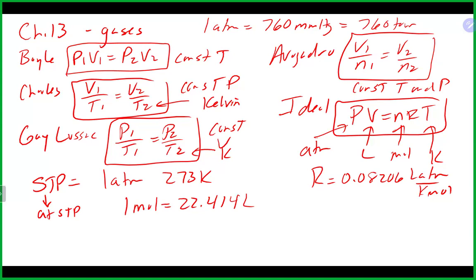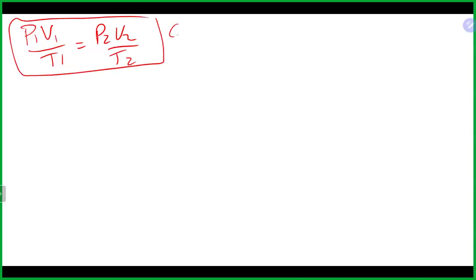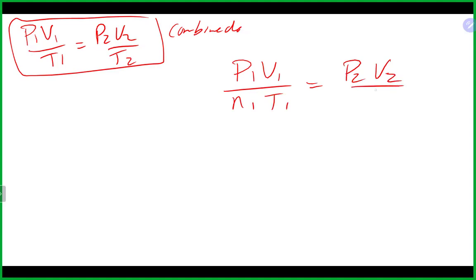And then really we had the combined gas law, which is P1 V1 over T1 is equal to P2 V2 over T2. And that's our combined gas law. Remember that the combined gas law is the winner of all gas laws because if you remember this version of it, as we talked about, all you have to do is basically scratch out whatever is not given to you or whatever is constant.